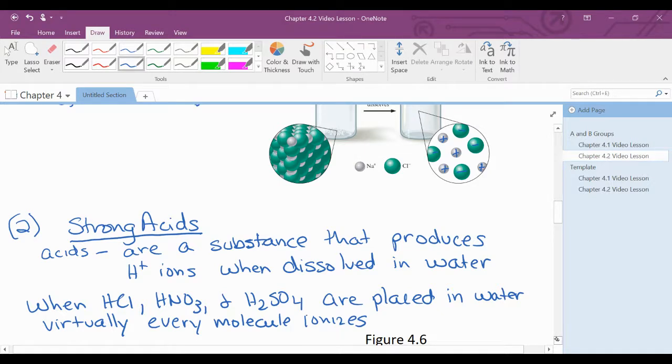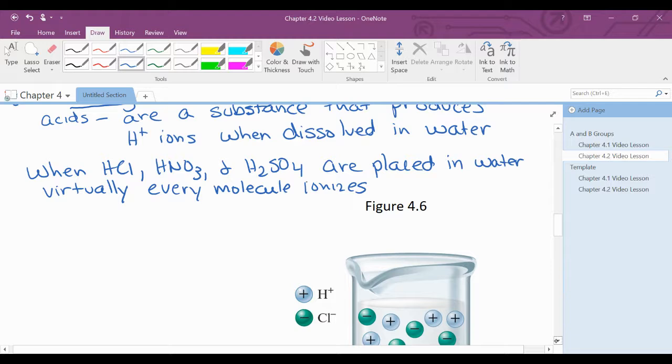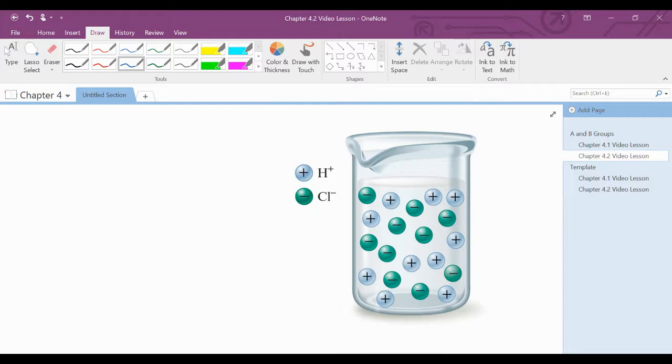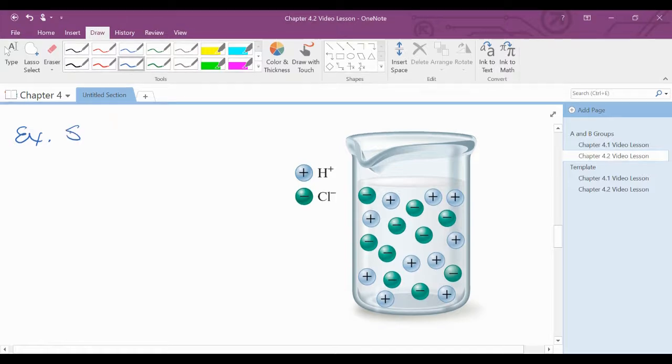And so figure 4.6 shows us hydrochloric acid in solution. I'm going to write the equation. So hydrochloric acid in solution completely ionizes. And so here's our example for strong acid.